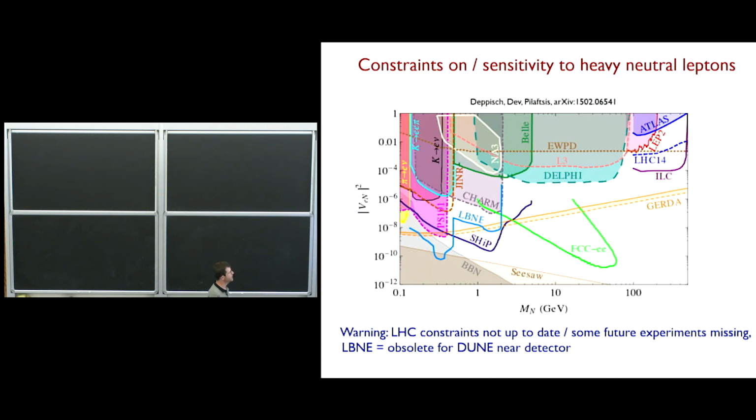If you incorporate that constraint, it gives you that limit, meaning that everything above this is excluded.